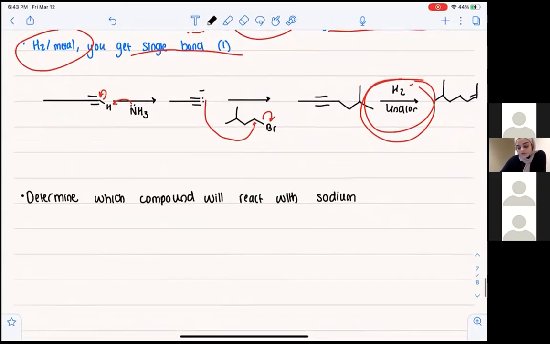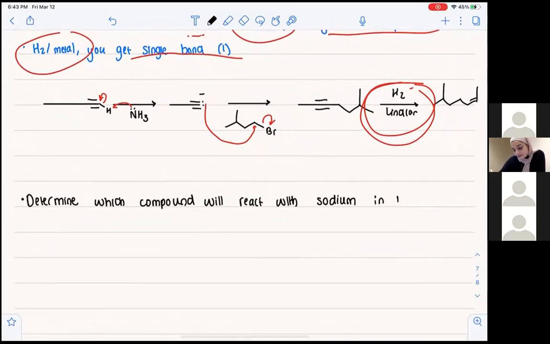So let's go ahead and do sodium and liquid ammonia to form trans-3-hexene, because I know that one can be a little bit hard.